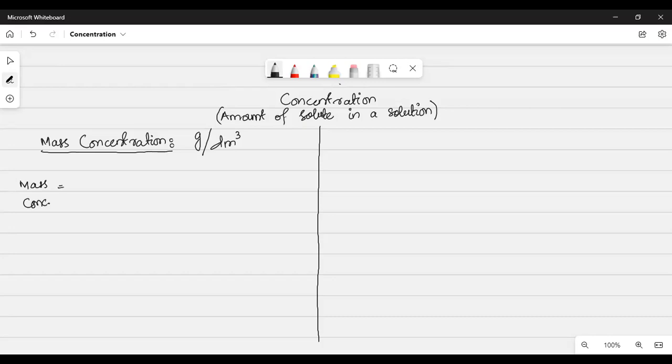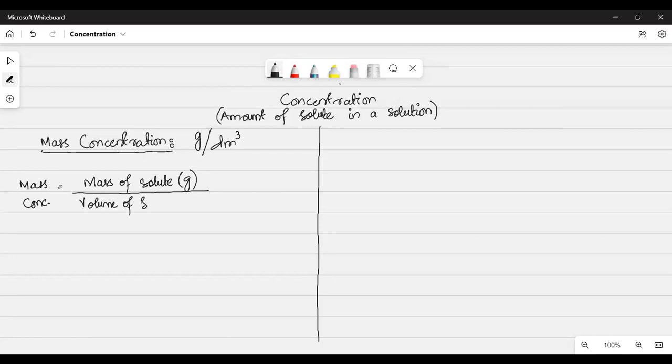The formula is really easy. As numerator, we have the mass of solute, which we'll take in the standard units of grams. We're going to divide it by volume of solution.